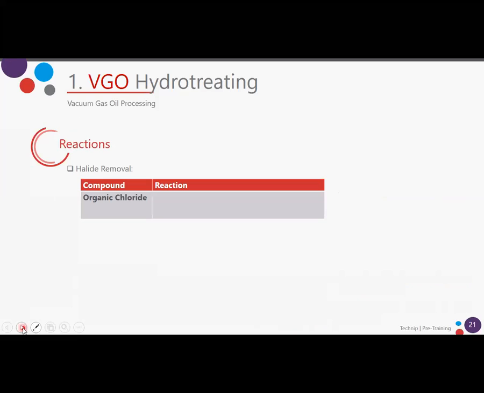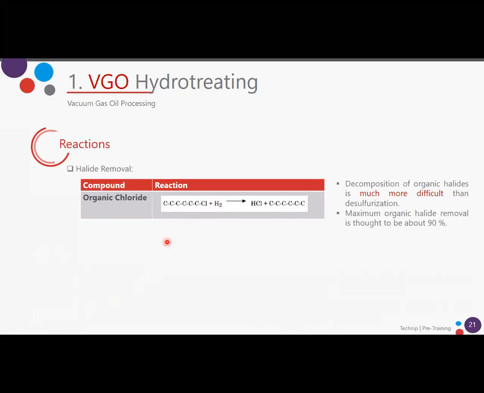We have also this halide removal. For example, here we have the chloride and the carbons, and we will react with hydrogen, and will produce the corresponding acid and the hydrocarbon without the chloride. So this is much more difficult than the other reactions, and the maximum removal is about 90%.